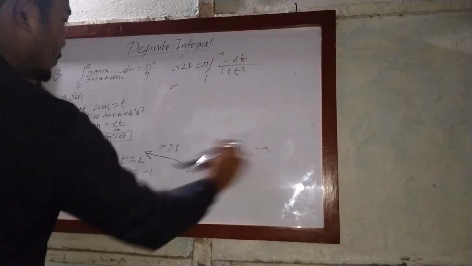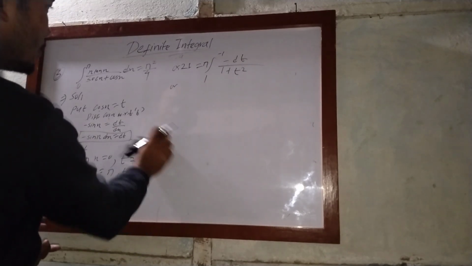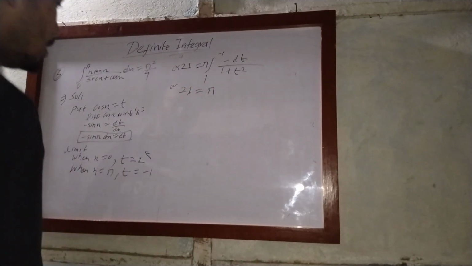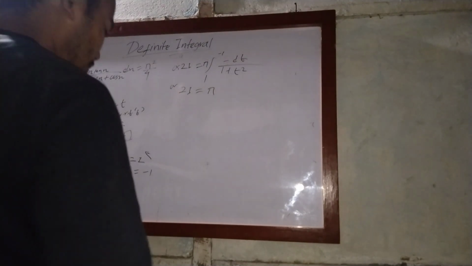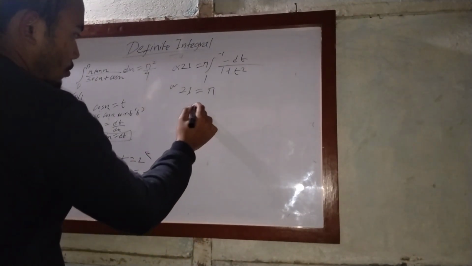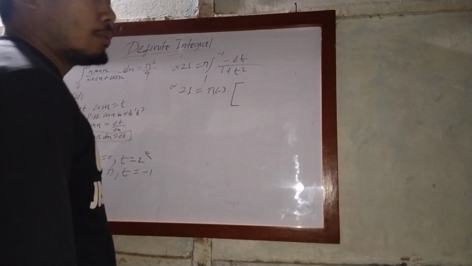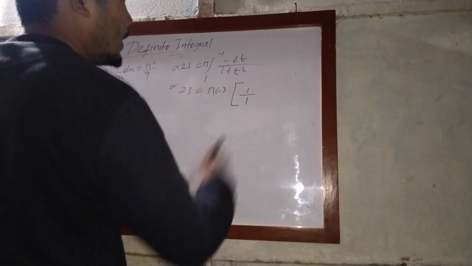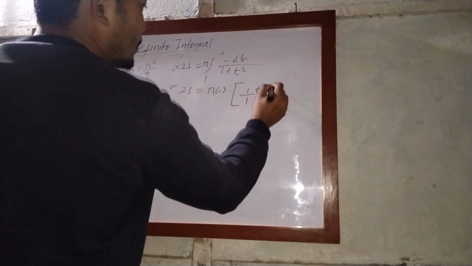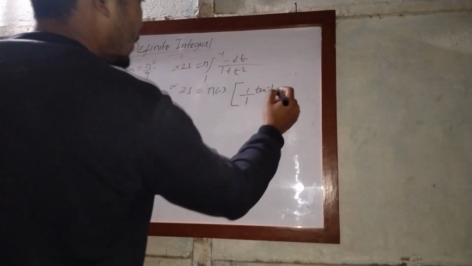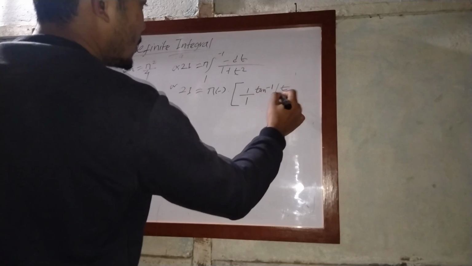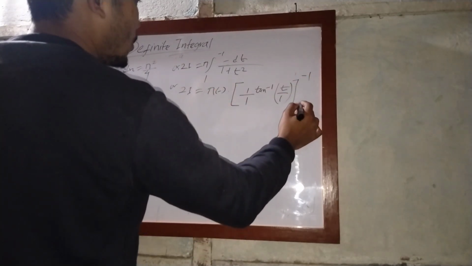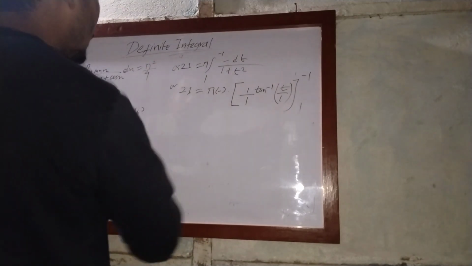Now we know one formula: 1 by a tan inverse (x by a). Upper limit minus 1, lower limit 1. This is the way.